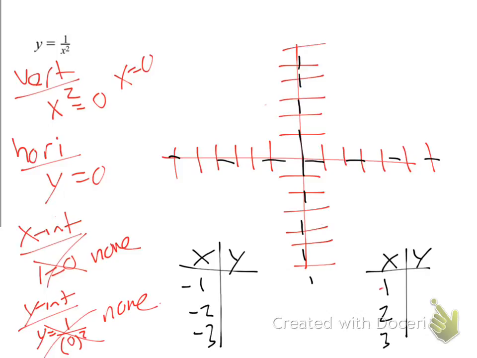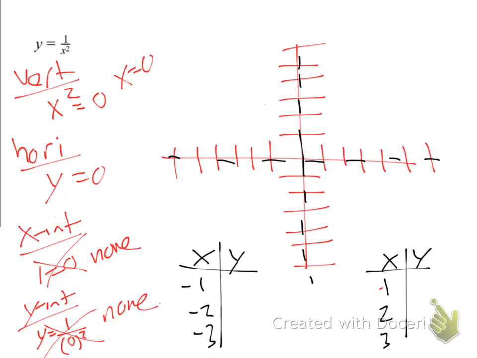Now, if it's easier, guys, to think of when you're doing this in your head, you can write them down. Don't get me wrong. Write them down if you need to. But because the only thing that's happening is in the denominator, work the denominator out in your head and then divide it into 1. Negative 1 squared is 1.